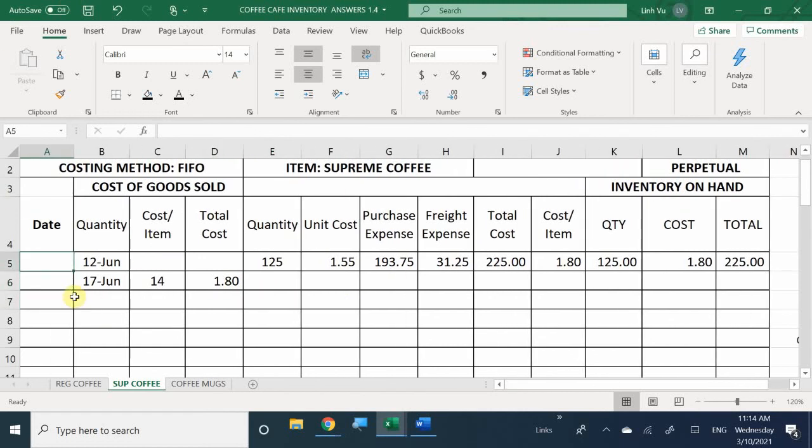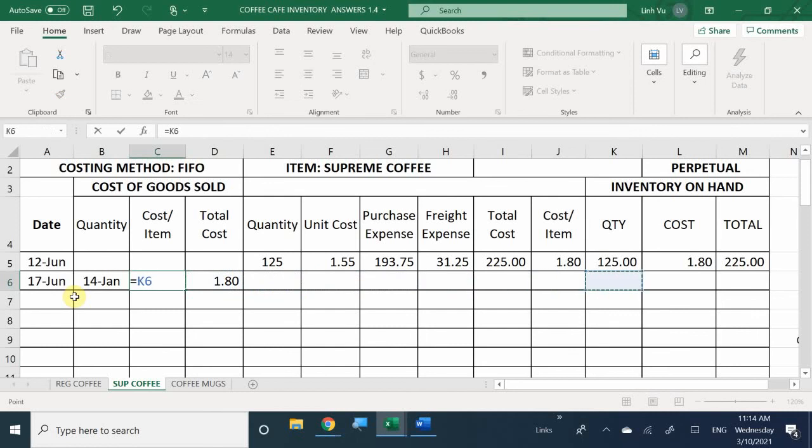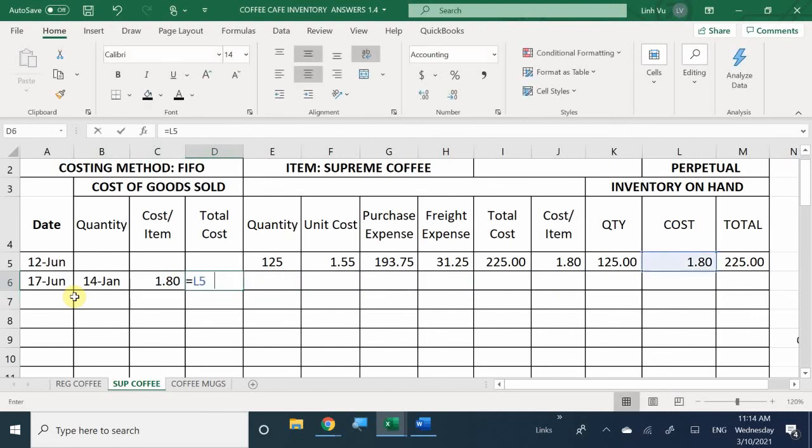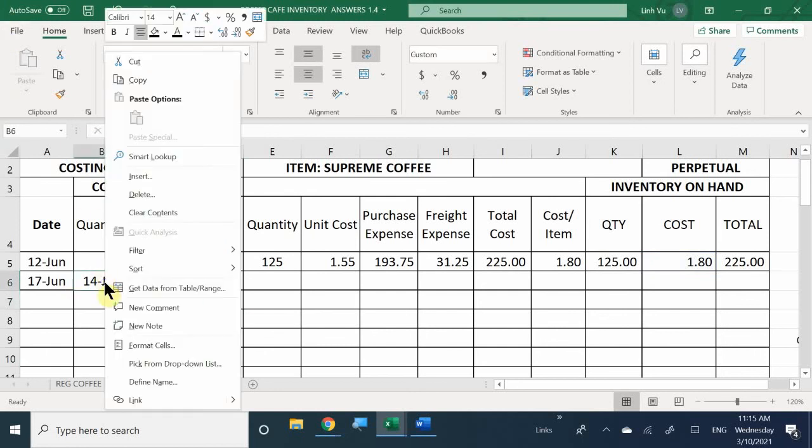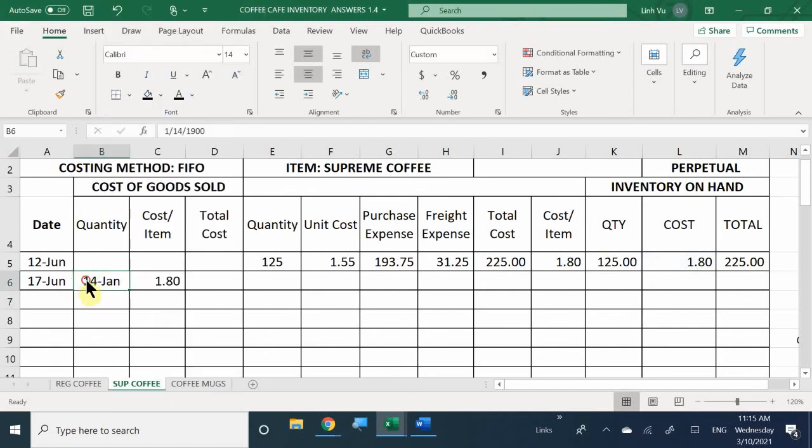Whoa, I missed that so bad. So 612, and this one is 617. Oh, okay, everything is off? Oh no, just that one. All right, so I have 14 here, and I have the $1.80 here. So what is going to be my total amount of my cost of goods sold? 25.20.